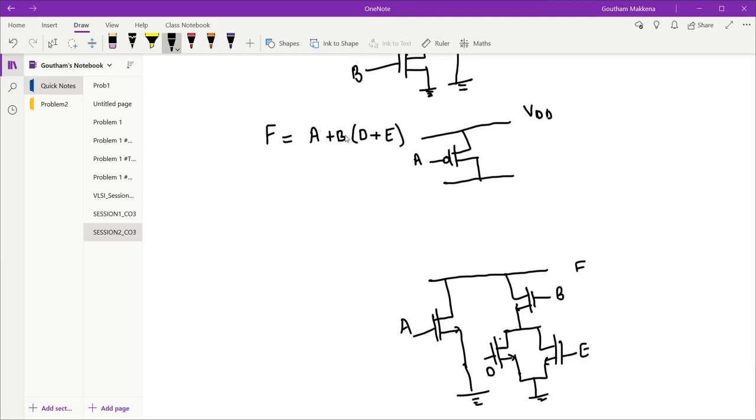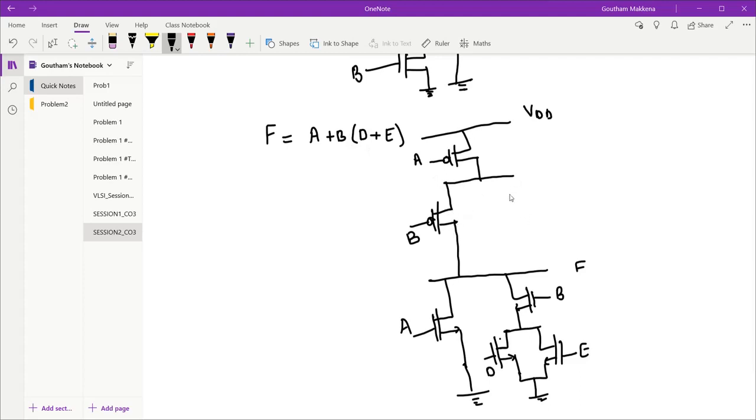So AND operation in PMOS is nothing but parallel. So this is my B. This B is ANDed with D or E. So AND is nothing but parallel in PMOS.